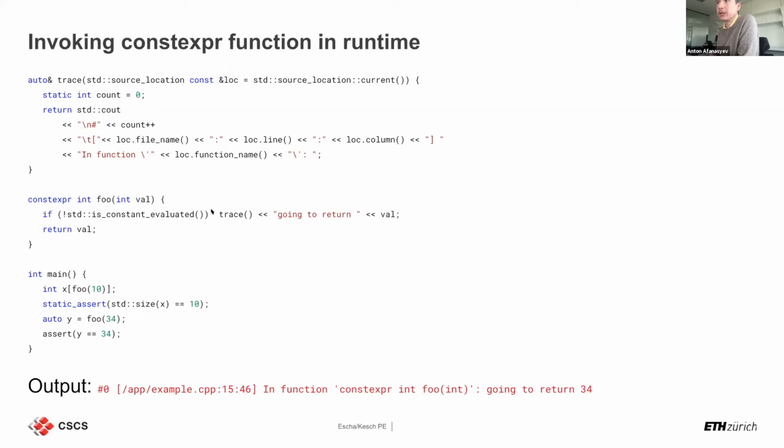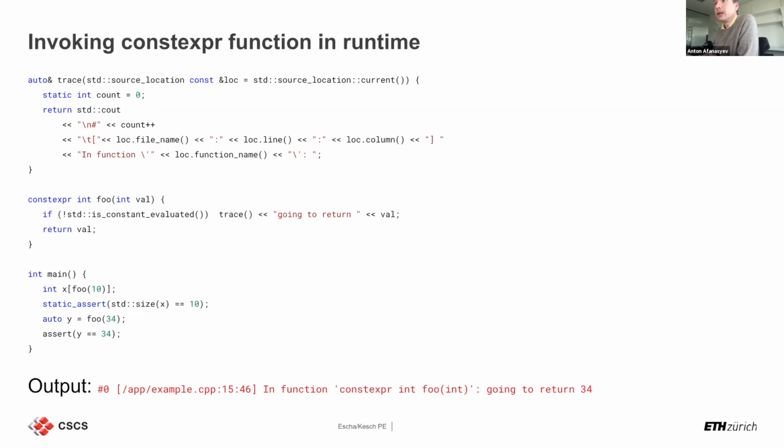So what we do here, if the function is not constant evaluated, we are just tracing it. The output is what we can expect. So the first call will not cause the tracing, and the second call leads to the tracing.